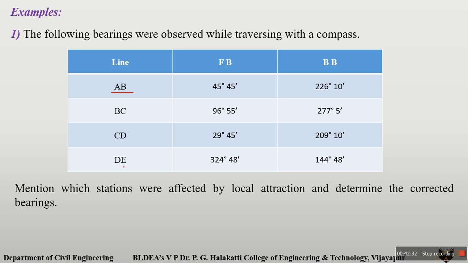Whenever solving a local attraction problem, they give the forebearing as well as the back bearing of the lines. Then you have to find out which stations are affected by local attraction and determine the corrected bearings of the lines.